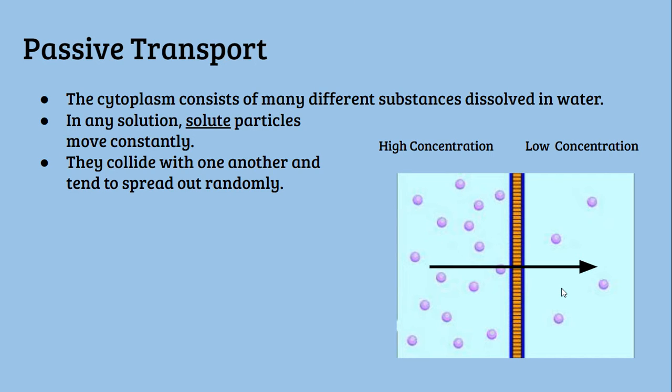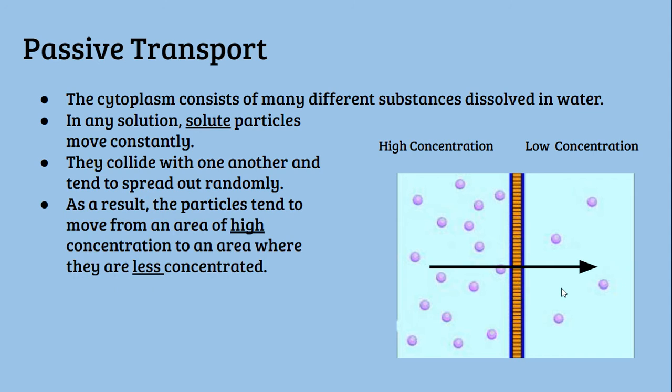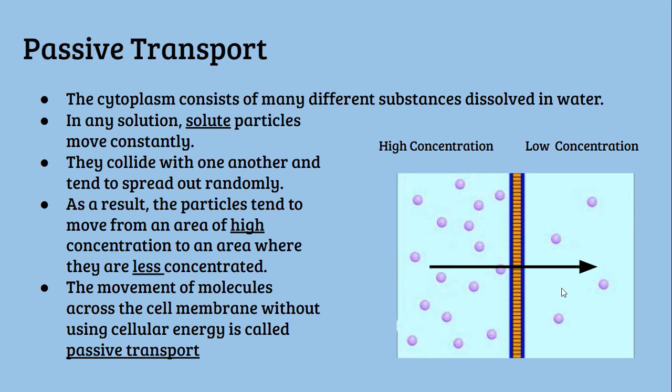As a result, they tend to move, and how do they move? They go from typically an area of high concentration to an area of lower concentration. And the movement of those molecules across the cell membrane without using any energy, we know of as passive transport.